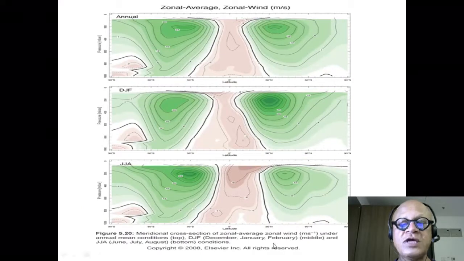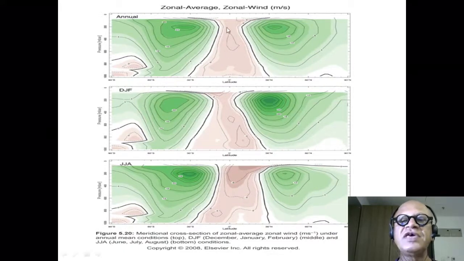So if you go and look at our wind distribution, again the zonal mean meridional section, this time looking at annual mean, DJF and JJA. You should get used to these terminologies, DJF and JJA, MAM, SON. These are just seasonal means, and if you just say DJF, JJA, you will sound like an expert, right?